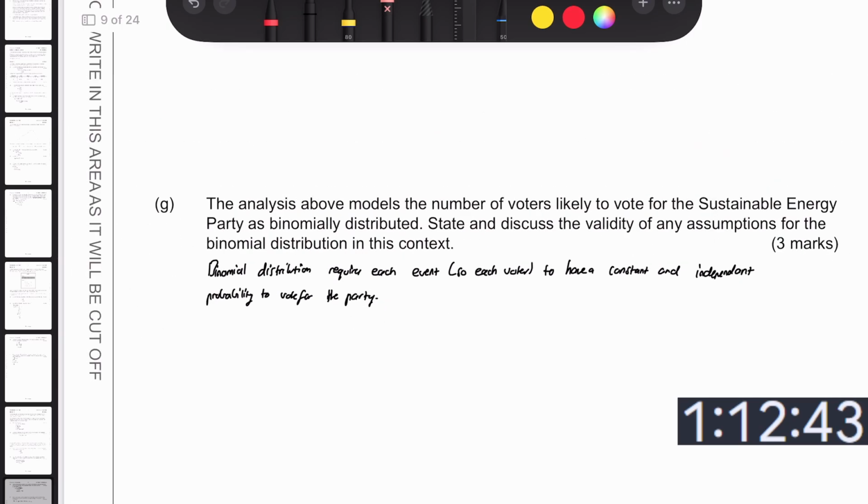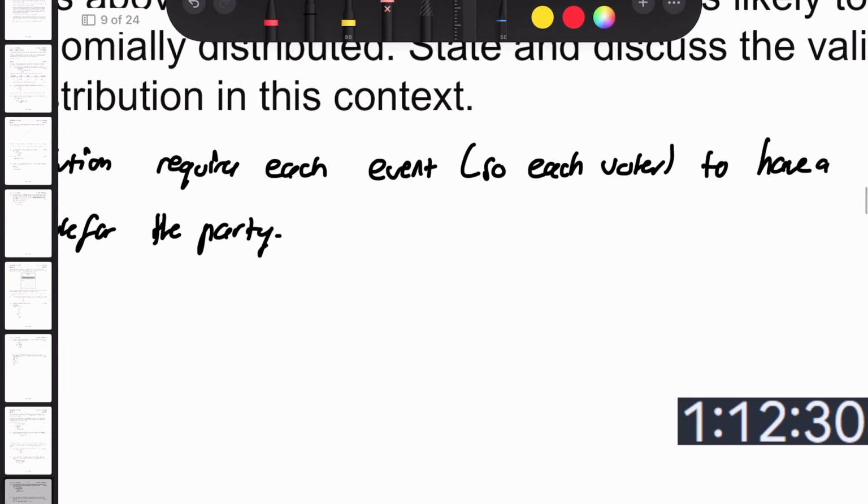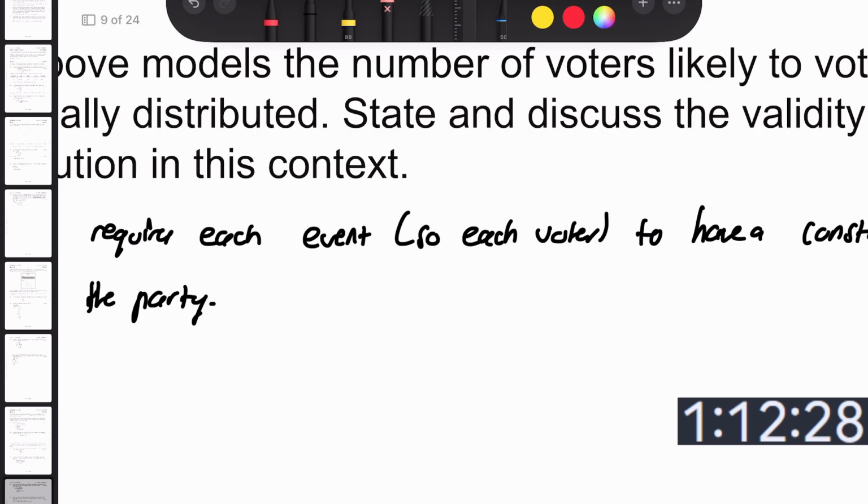Do they have a constant and independent probability? Is it really independent though? I'm going to say no, because of things like political discussions, friends and family, who they're voting for, stuff like that. So I'm going to say these are not perfectly valid.